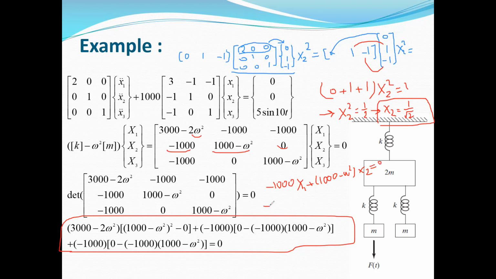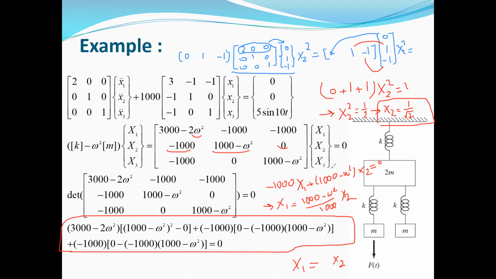From here you can find that x1 is equal to (1000 minus omega squared) divided by 1000 times x2. So if you substitute omega is equal to omega 1, you can find the first relation between x1 and x2 for the first mode shape.